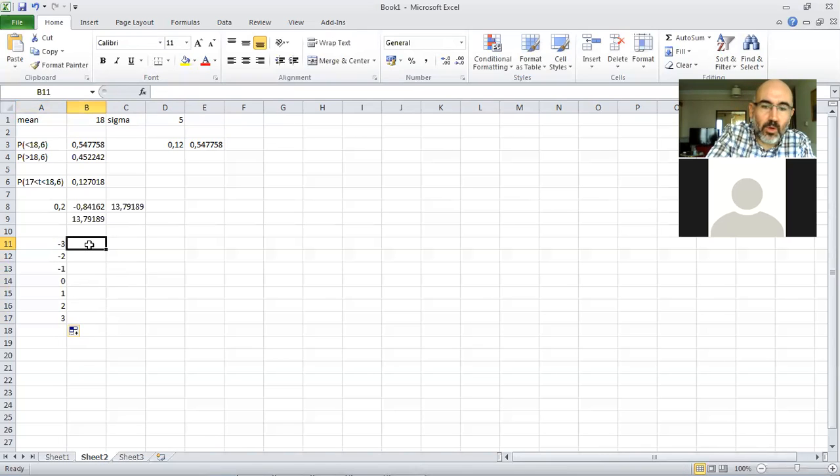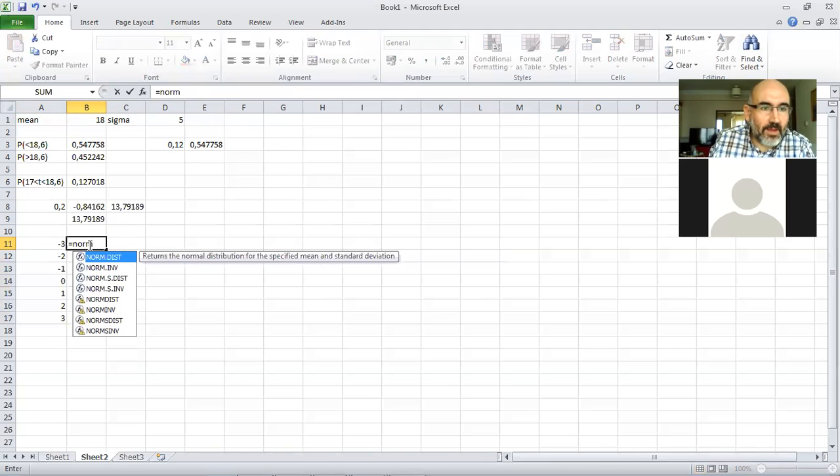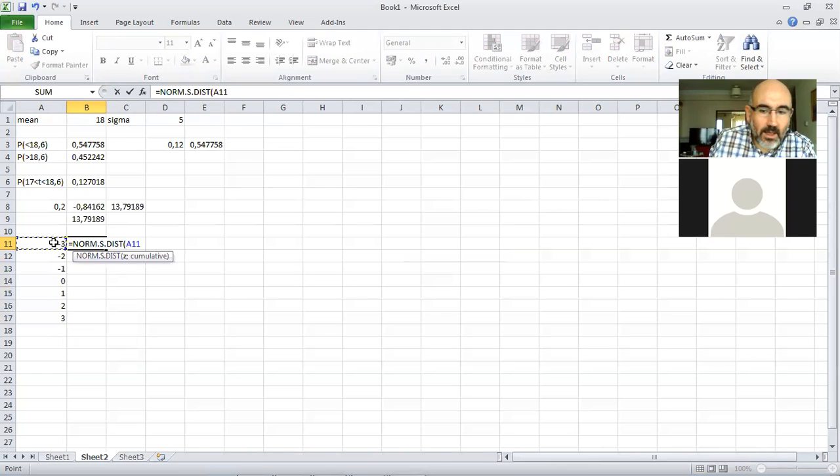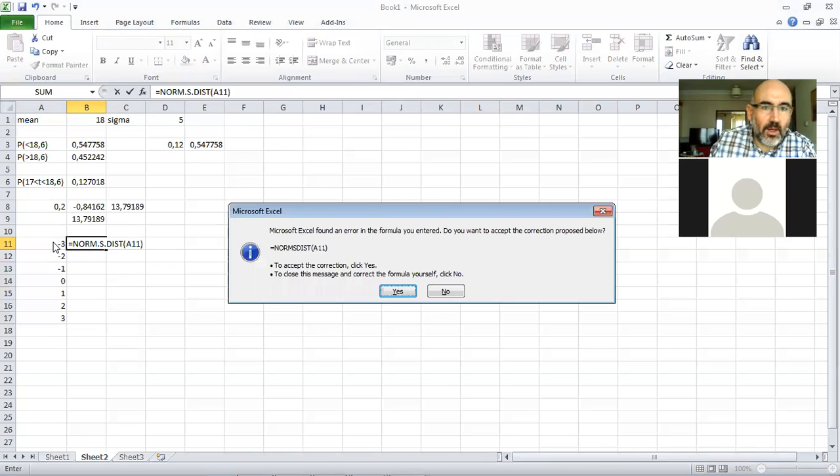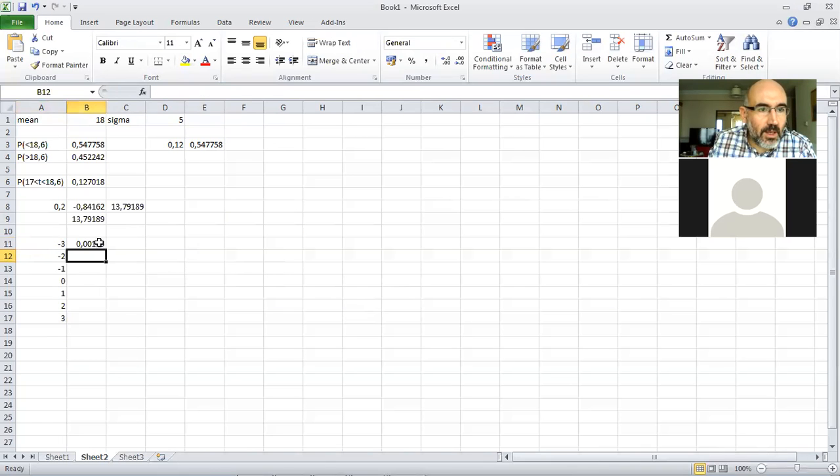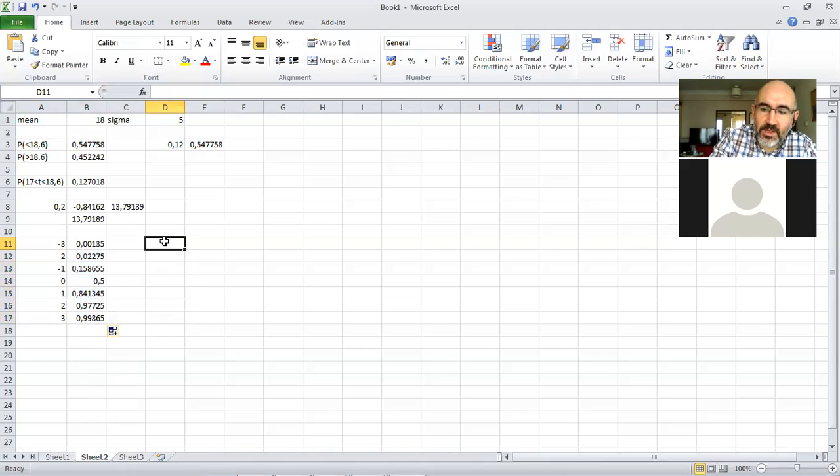If I put norm.s.dist for the percentage of values less than -3, you see that out of 100,000, about 135 will be less than -3 sigma. To get the 3 sigma rule, how many values will be between plus and -3 sigma?